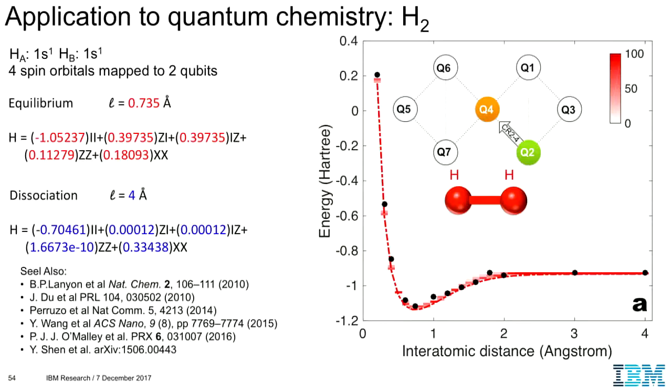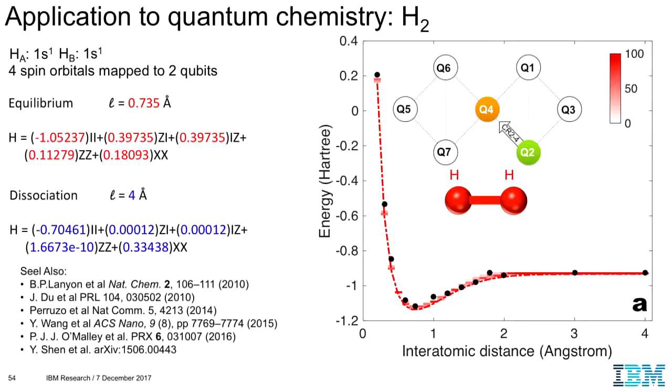So just quickly, for the hydrogen, I'm showing the two different cases with two different interatomic distances, at equilibrium and dissociation. So depending on that distance, you would have a different Hamiltonian. And these are the Pauli terms that you want to calculate. So we have 5 Pauli terms for the hydrogen.